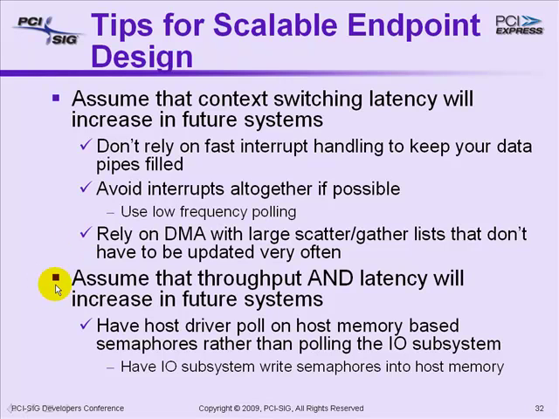Assume that throughput and latency will both increase in future systems. So for example, you can have a host driver poll on semaphores that are based in host memory. Here the endpoint device writes directly into host memory and maintains those semaphores.